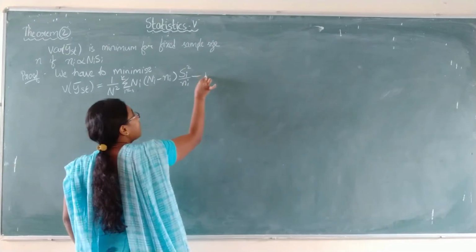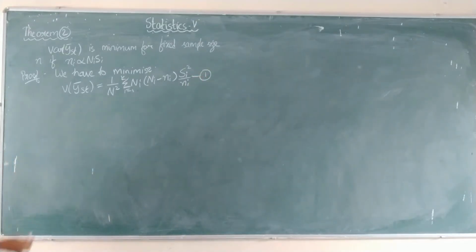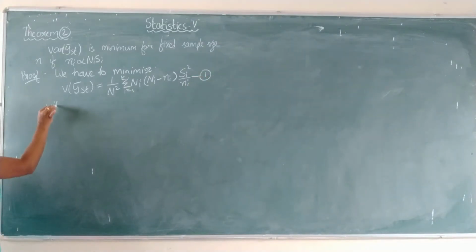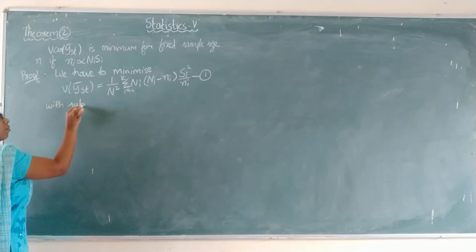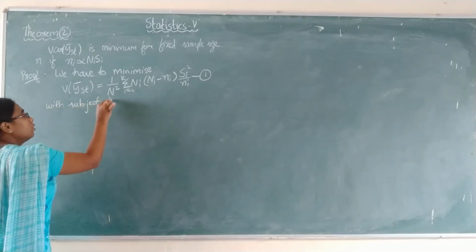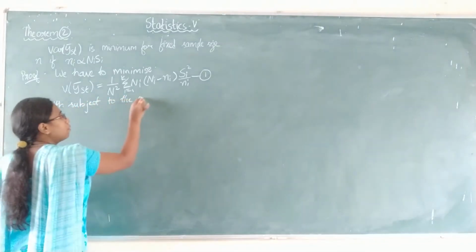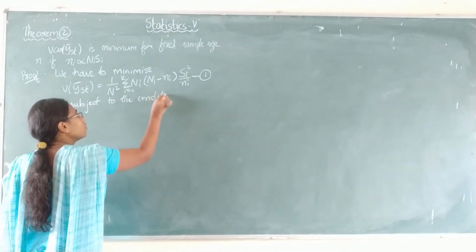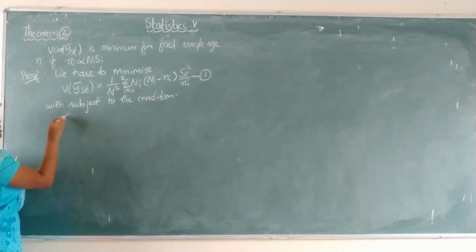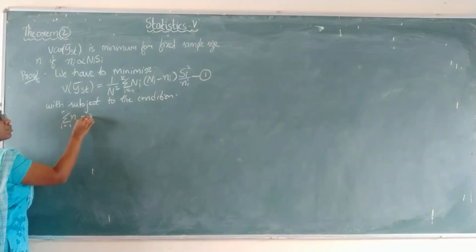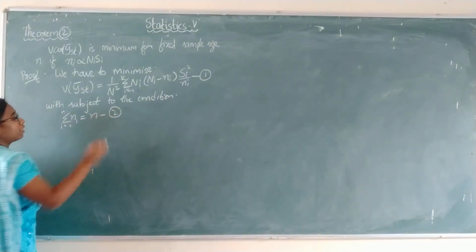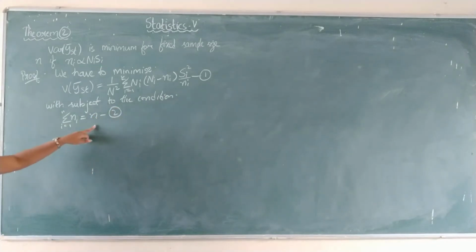Keep it as equation 1. This is subject to the condition that summation i equals 1 to k, ni equals n. So we know that summation of ni equals n.